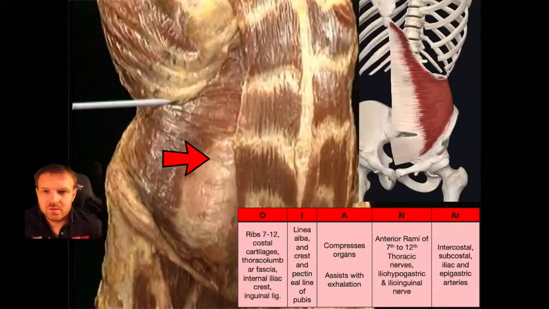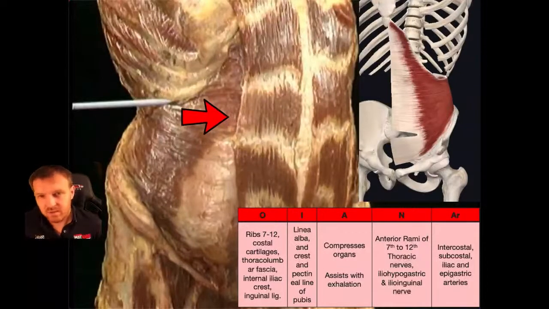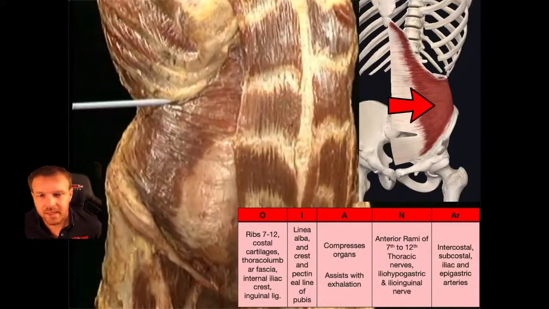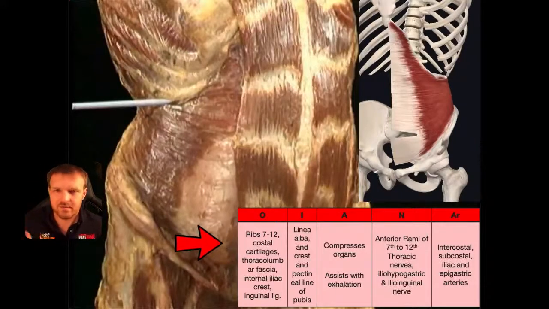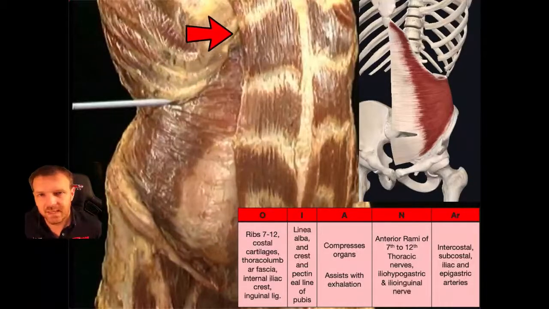There we go. So this is the picture that was on the PowerPoint. Obviously the opposite side, so it's a bit confusing. But there's your muscles, attaching onto all of the ribs and the costal cartilage. So we've got all of the attachment points here. I'll try to include these on all the muscle pictures now, so you've got everything all in one image. So ribs 7 to 12, the costal cartilages, which are these bits up here.